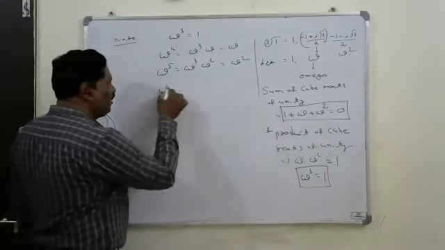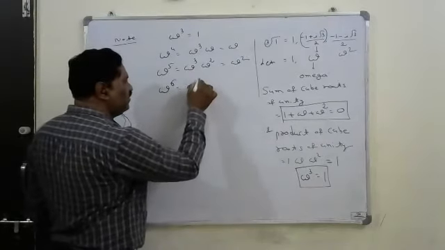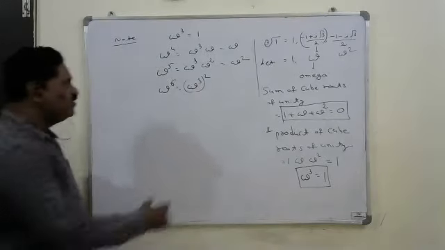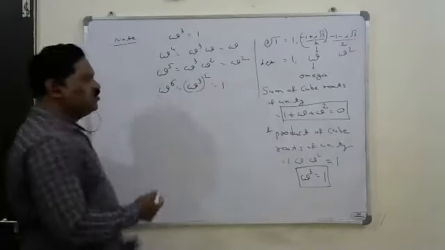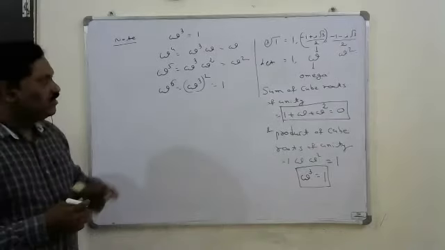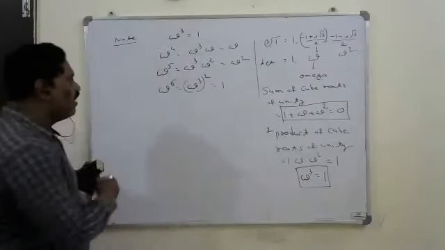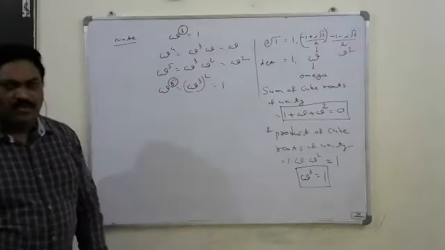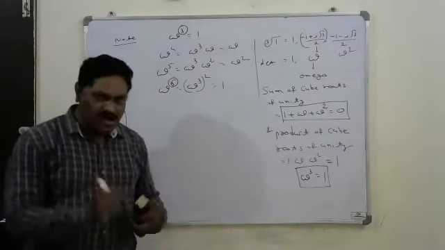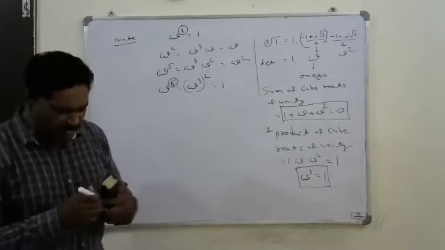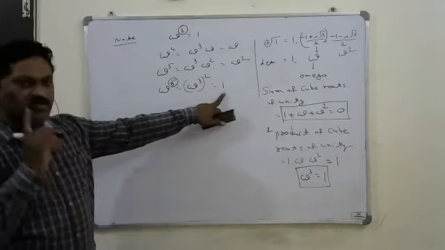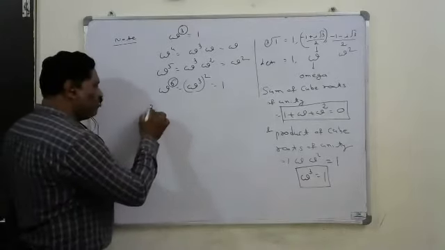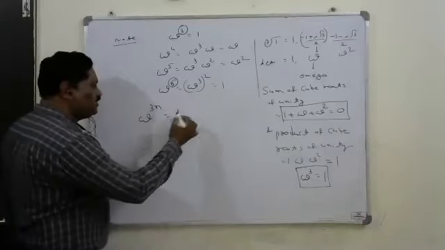And if I consider omega power 6, I can write it as omega cube whole square. Omega cube is 1, that is again 1. So from this you can understand that if the power of omega is a multiple of 3, then its value is always 1.